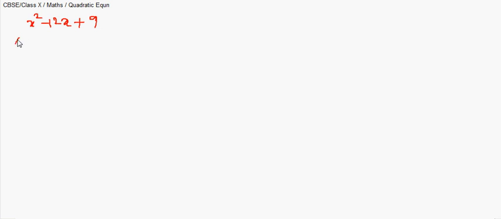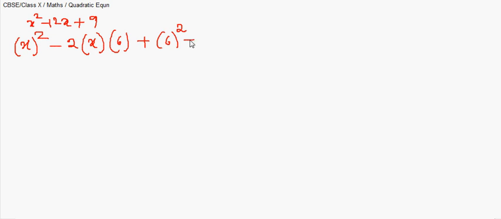So I'll keep this as x square minus 2ab plus it should be b square. Now it is 36, but I need a 9, so I'll need 36 minus 27 would give me 0. That's 36 minus 27.